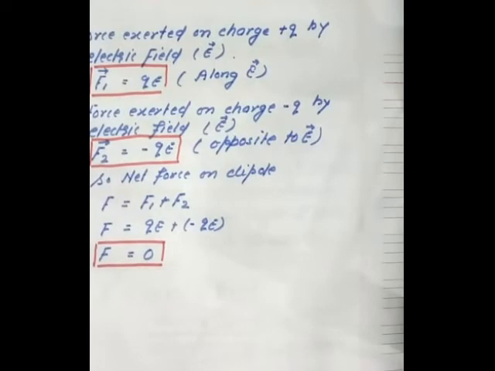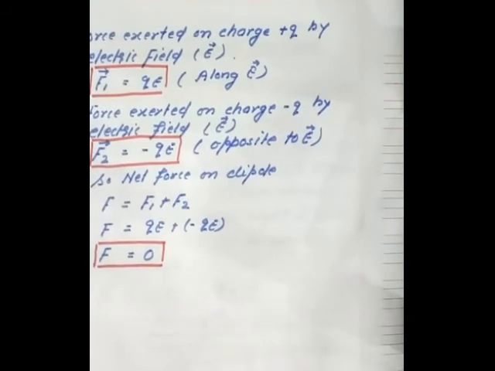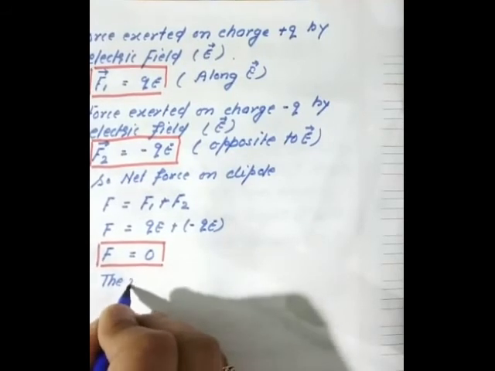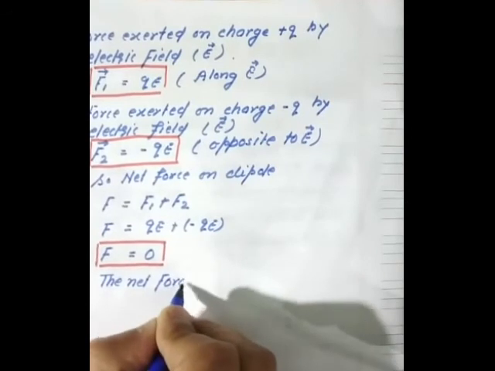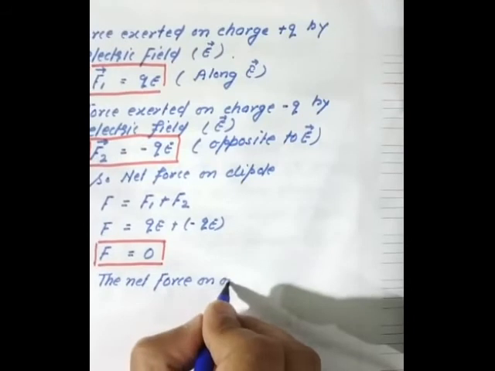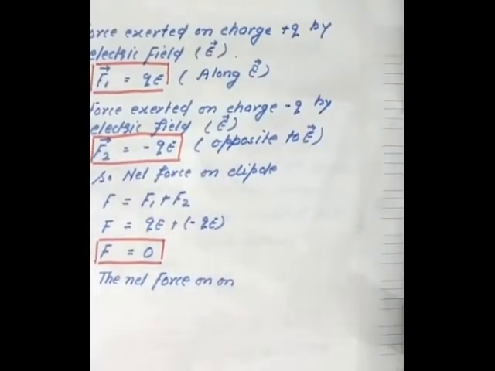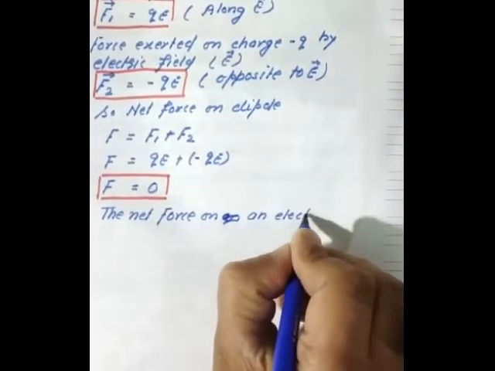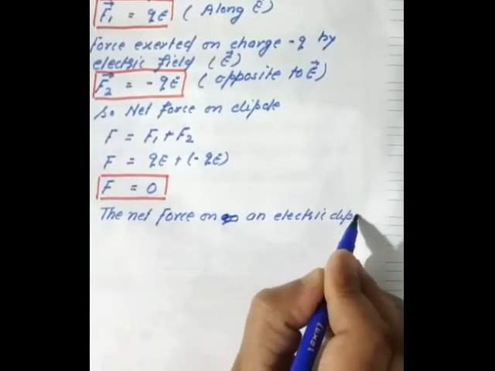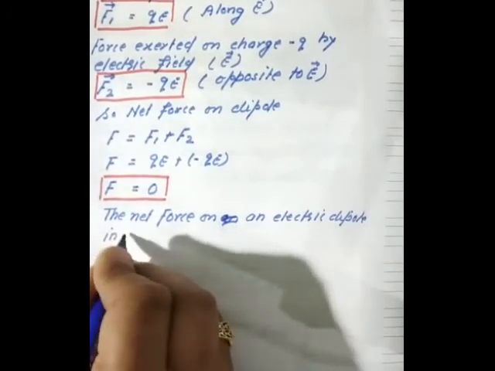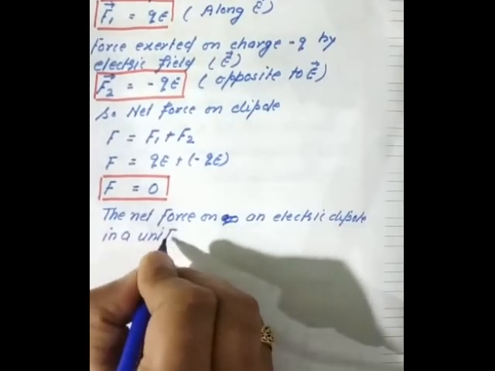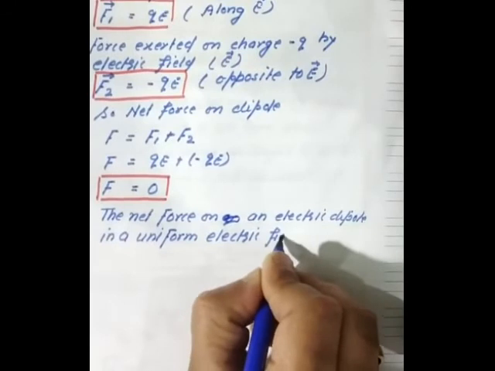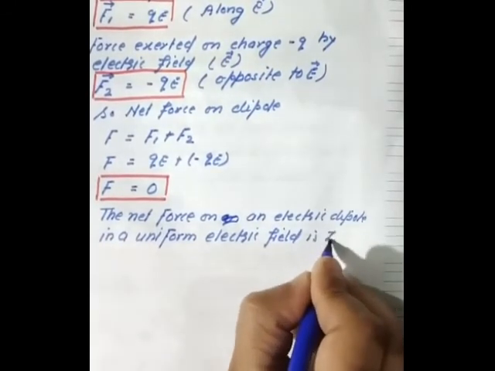So here we can write the net force on an electric dipole in a uniform electric field is 0.